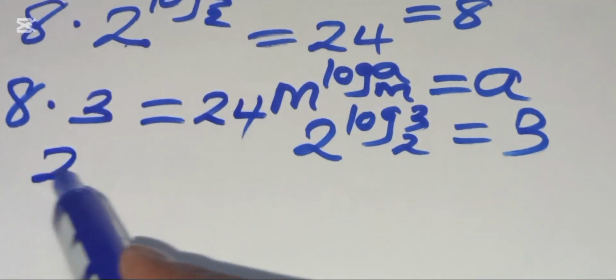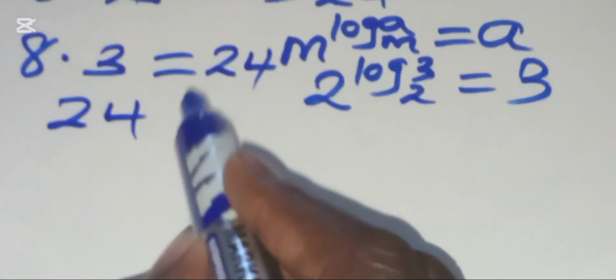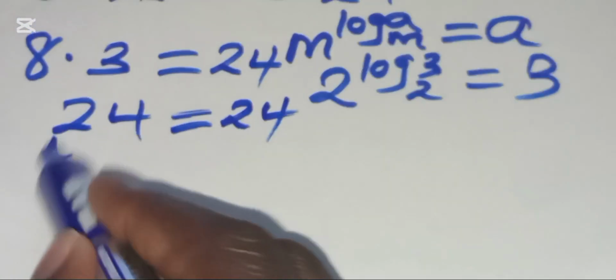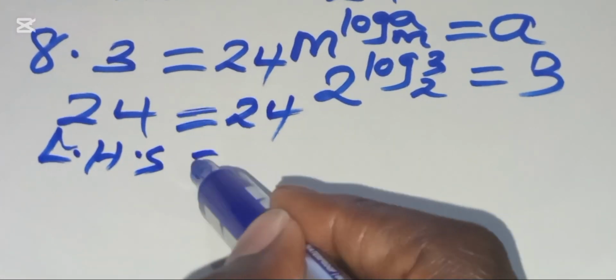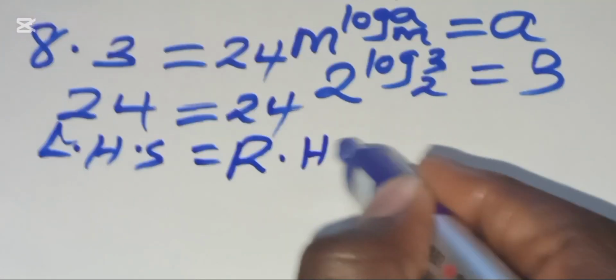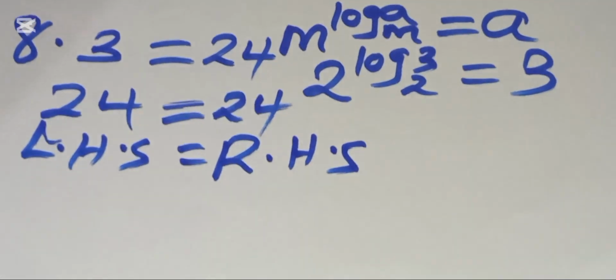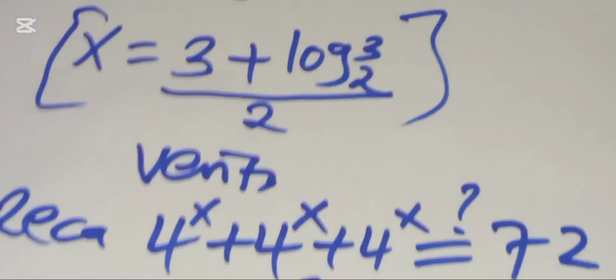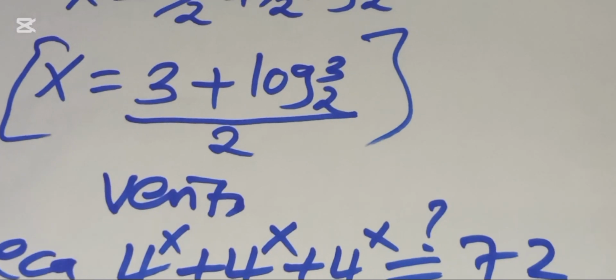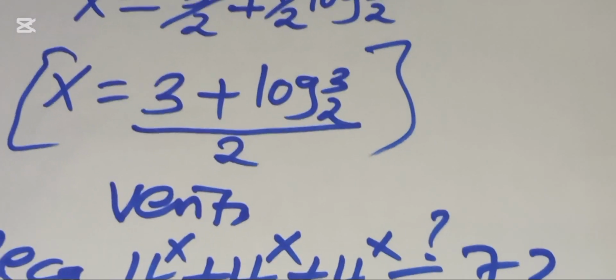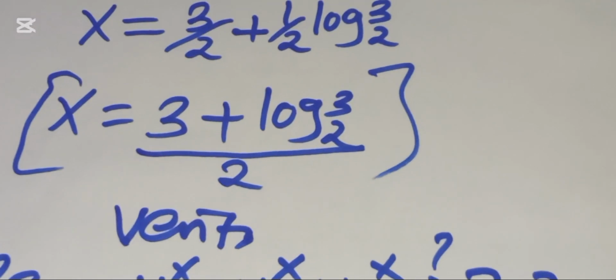That means the left-hand side is equal to the right-hand side, and that verifies that the value of x, which is equal to 3 plus log 3 to base 2 divided by 2, actually satisfies the equation.